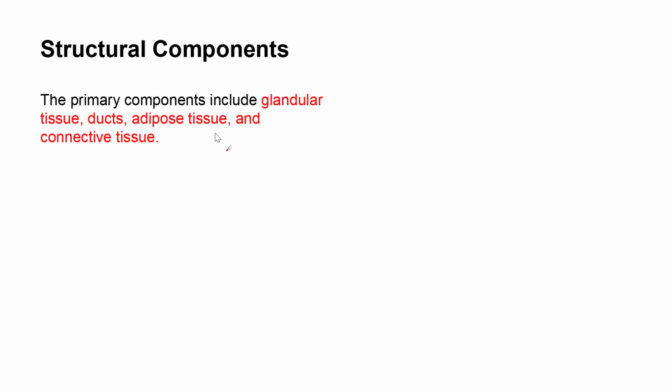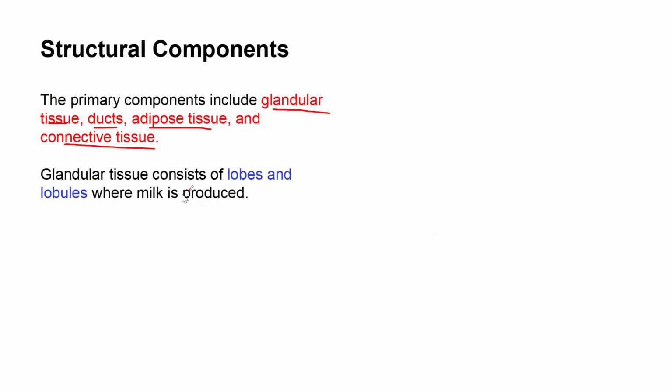The next thing is the structural components of the breast. The primary components include glandular tissue, ducts, adipose tissue, and connective tissue. Glandular tissue consists of lobes and lobules where milk is produced.